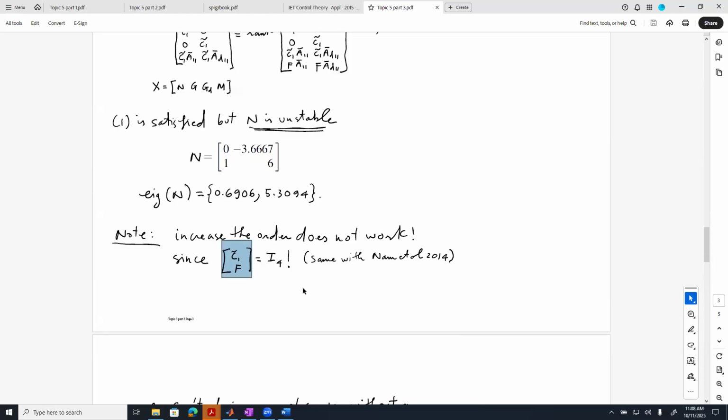What does that mean? It means that if we add another extra functional to increase the order of the observer from 2 to 3, that extra functional, that extra row itself, is in fact just a linear combination of the existing available output measurement and this original functional observer.